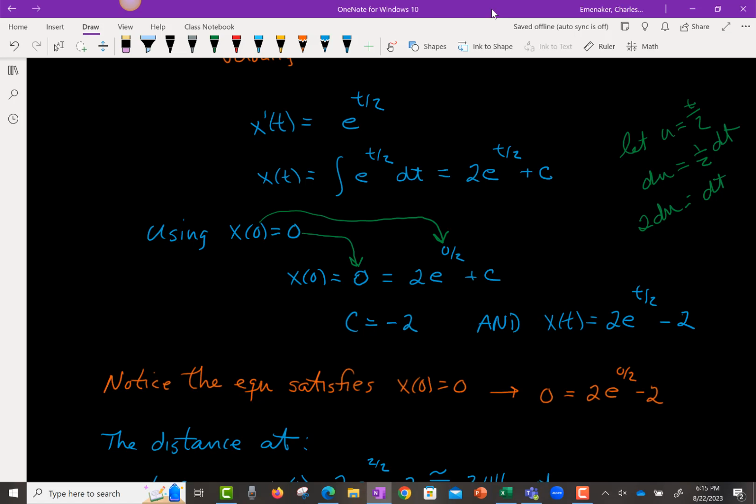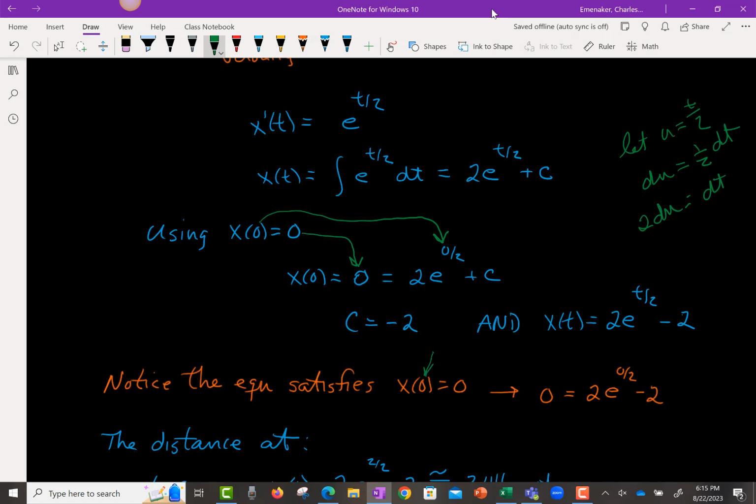This then allows us to rewrite our equation. Our solution is 2 times e to the t over 2 plus our c value, but our c value is minus 2, and there you have it. This satisfies the condition x at 0 equals 0. To verify this, we recall that our t value is going to be 0.